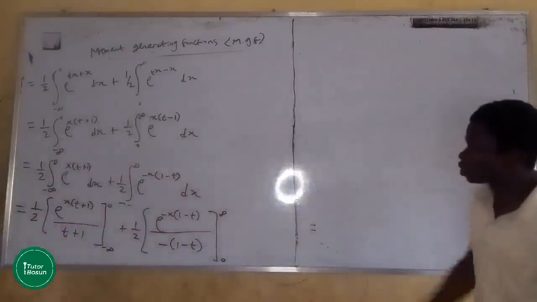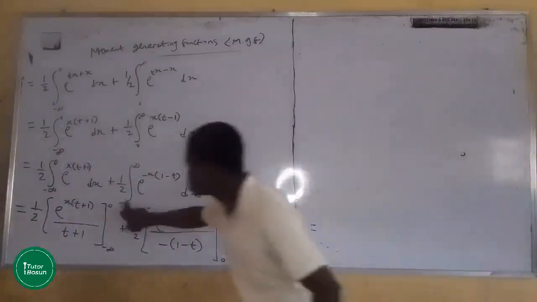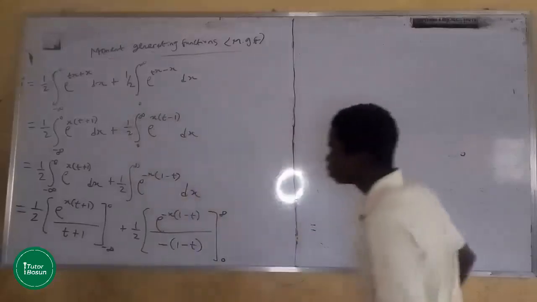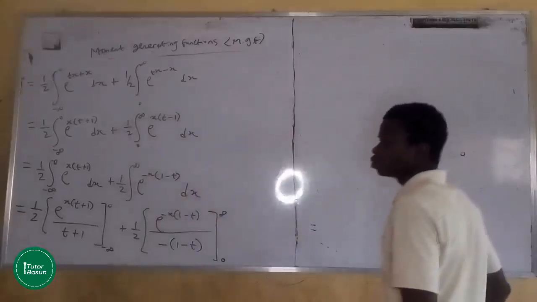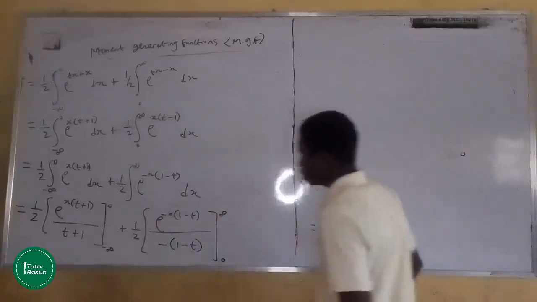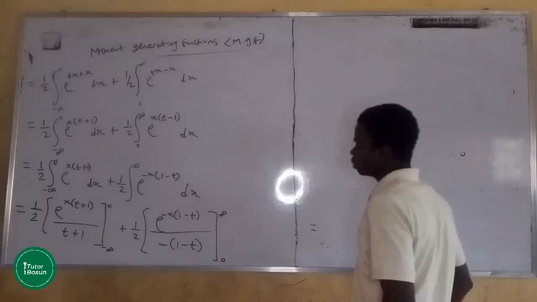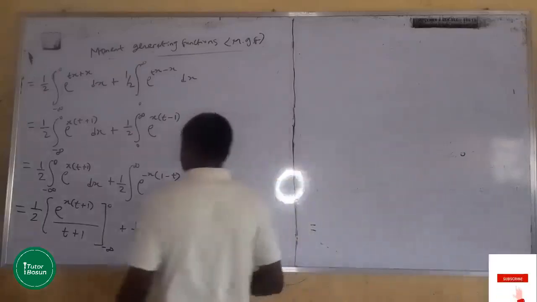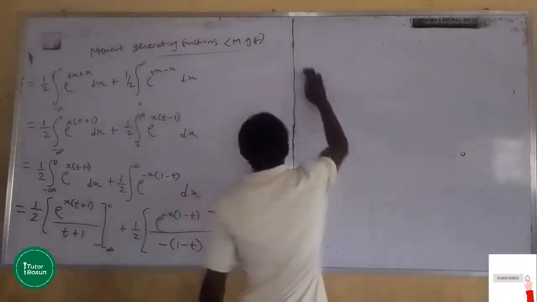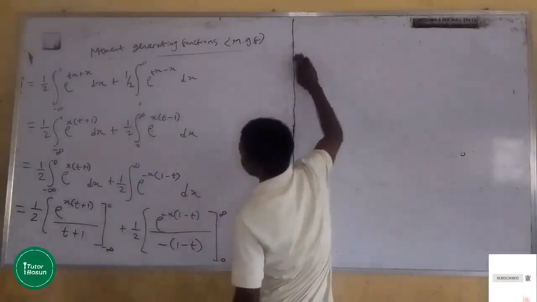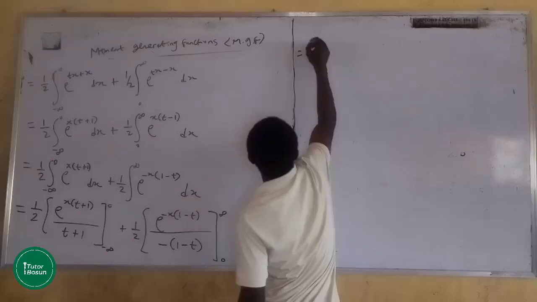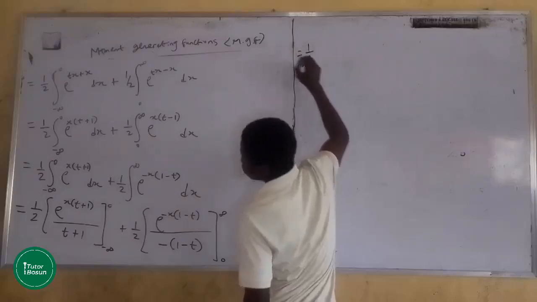So now let's introduce the boundary condition into that expression. So we're finally going to be having 1 over 2, which is a constant.